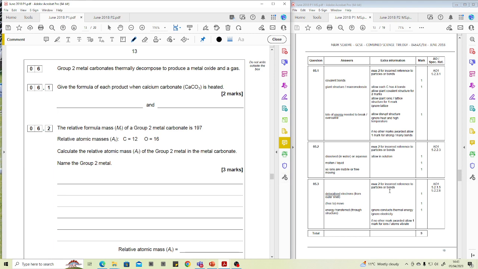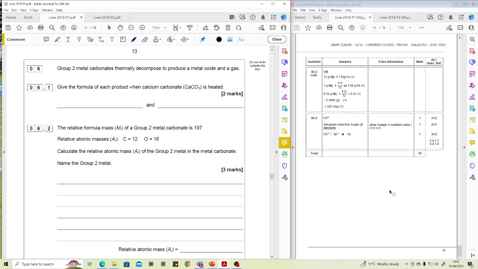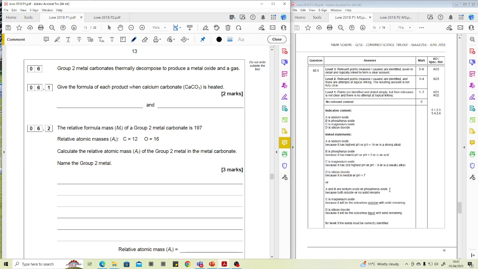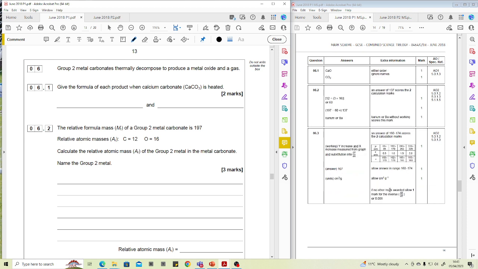Okay, question 6. We've got group 2 metal carbonates thermally decomposing to produce a metal oxide and a gas. So this is not on your specification. It's just asking you to apply your understanding to an unfamiliar reaction. Give the formula of each product when calcium carbonate is heated.